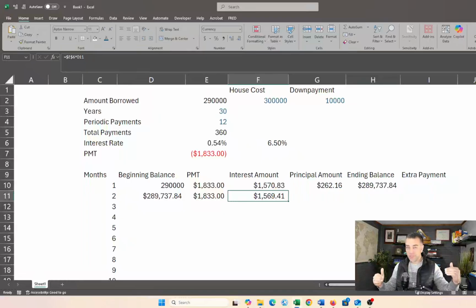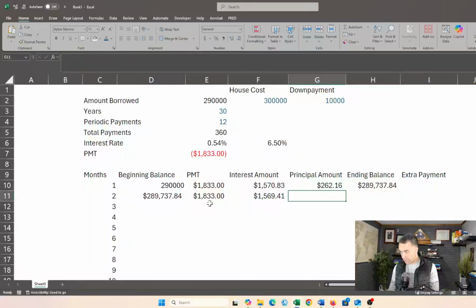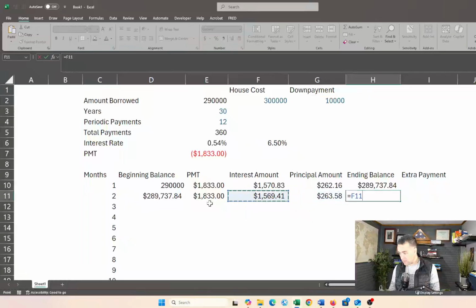You pay more interest at the beginning, less at the end, because you don't owe as much, and the PMT never changes. Principal amount. Well, the principal amount is going to be the payment minus the interest, and then the ending balance is going to be the beginning balance minus how much went on to the principal. And you see the principal goes up as the interest goes down per month.